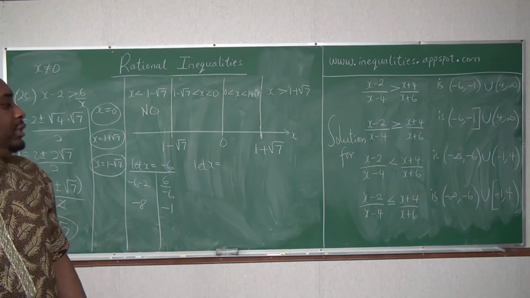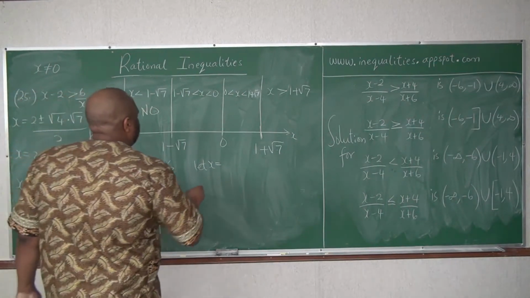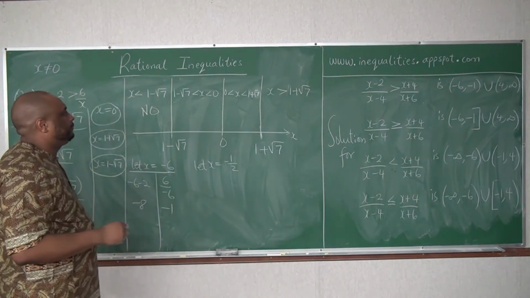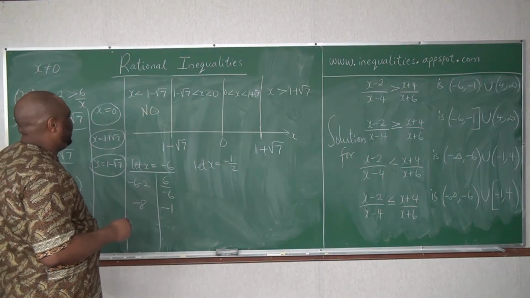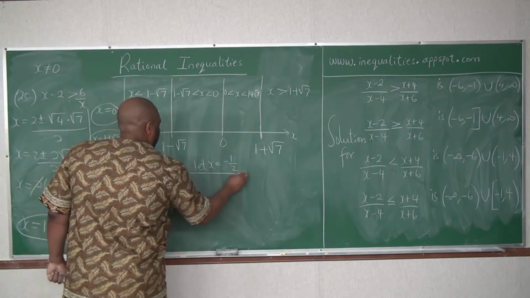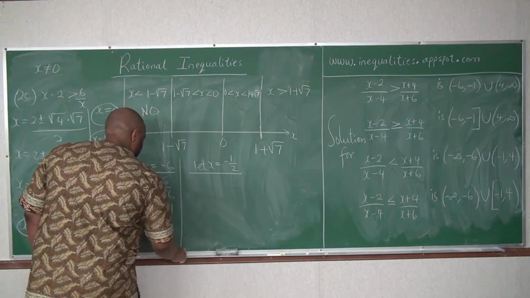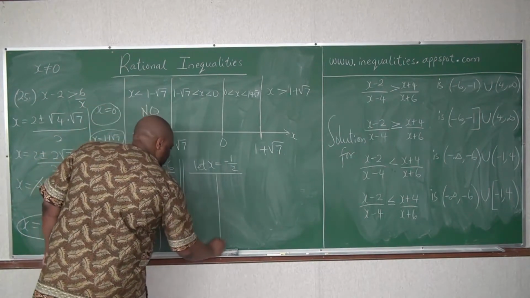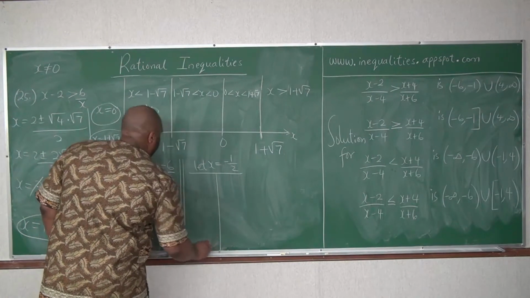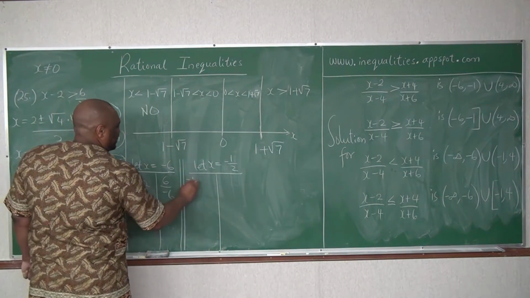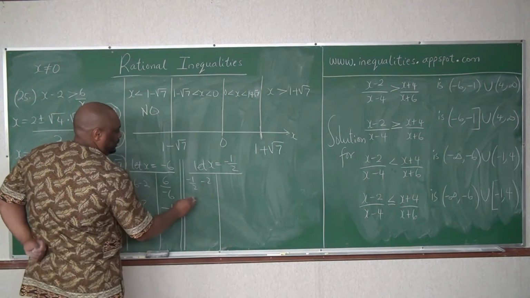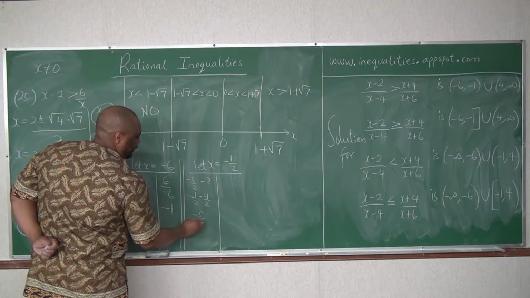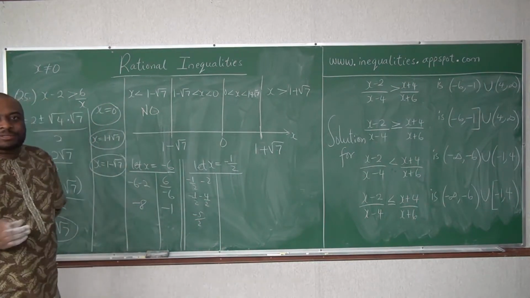I'm going to use double lines here. For the left, this will be minus half minus 2, which is minus 1 over 2 minus 4 over 2, which is minus 5 over 2.